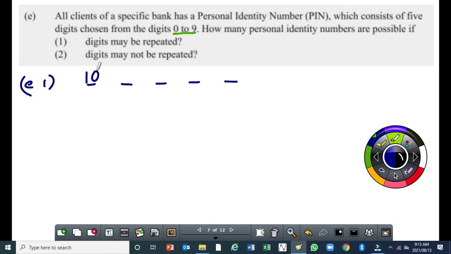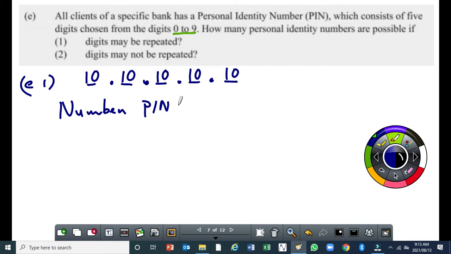Since repetition is allowed, the second by all 10, third by all 10, fourth by all 10, and the last one by all 10. And then you apply the fundamental counting principle. So, how many pins? Number of pins will be equal to 10 to the power of 5, which is 100,000.